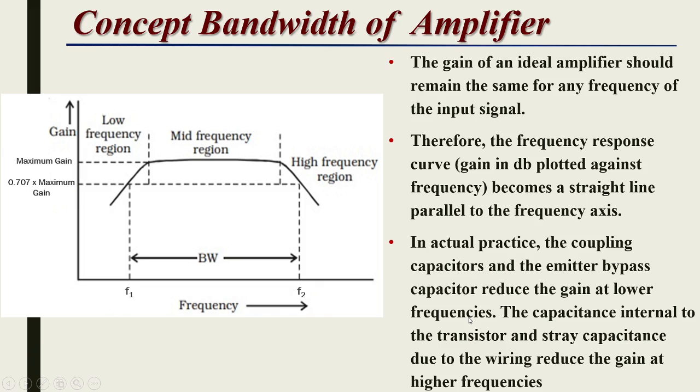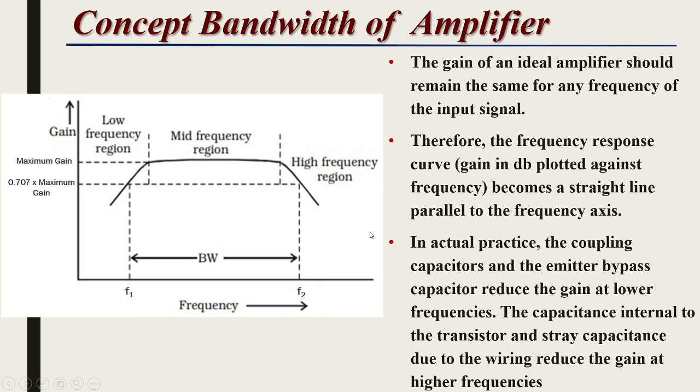Then the capacitance internal to the transistor and the stray capacitance due to the wiring reduce the gain at higher frequencies. So that's why at lower and at higher frequencies, the gain is lower. And in this middle region, the gain is higher, we can say the gain is constant.